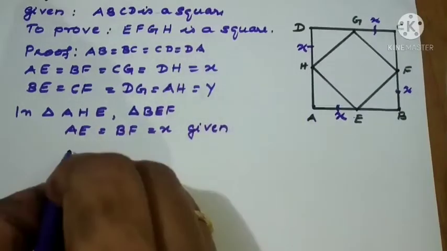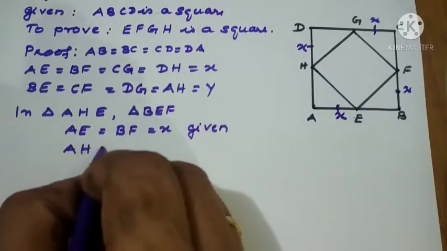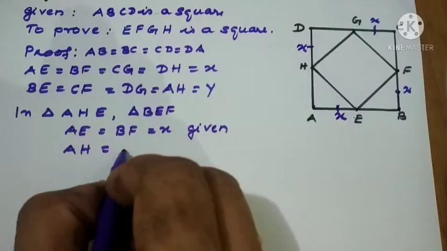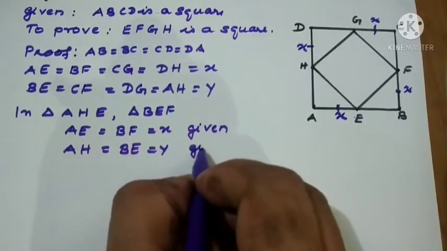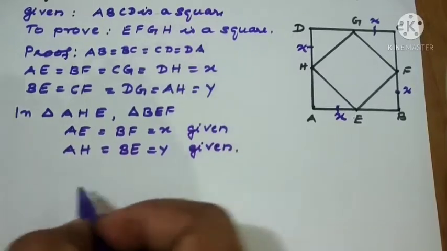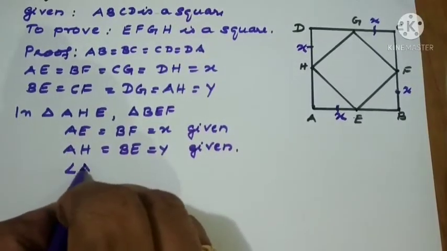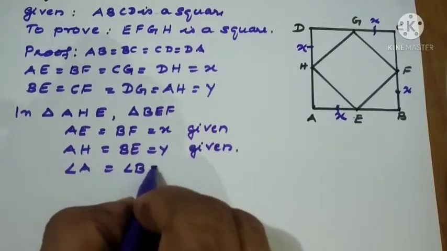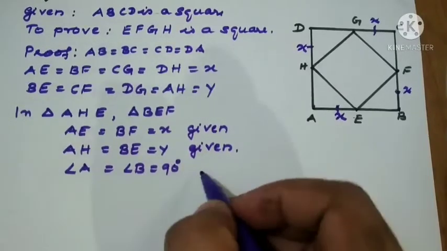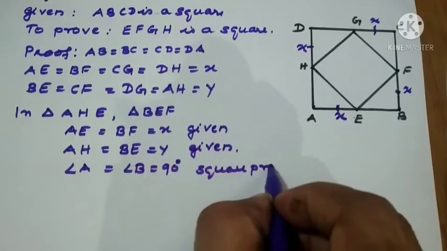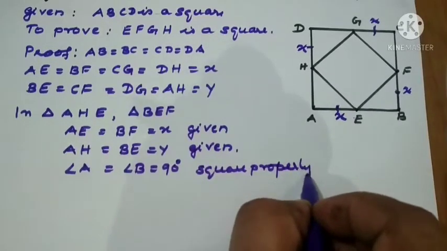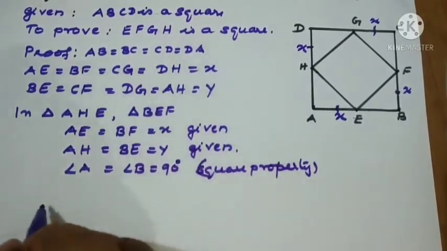Now AH equal to BE, we have taken that as y. Now angle A equal to angle B equal to 90 degrees, square. You can write given also for this one.